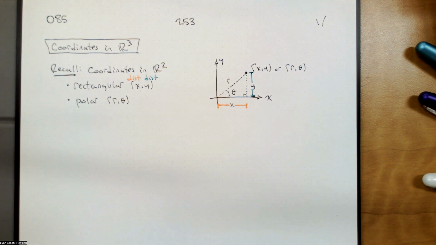In polar coordinates, we still need two coordinates because we are still in two-dimensional space. Whatever dimension space you're in, that's the number of coordinates you're going to need to uniquely describe locations.